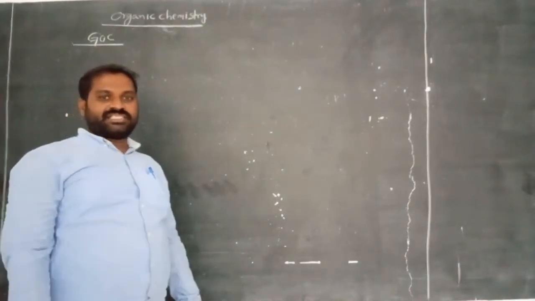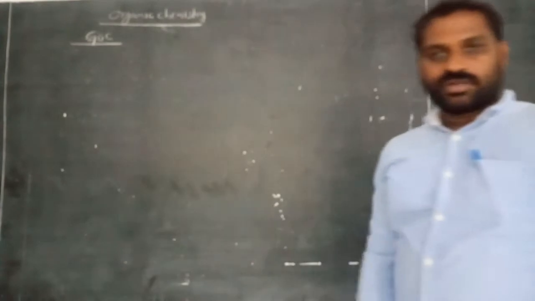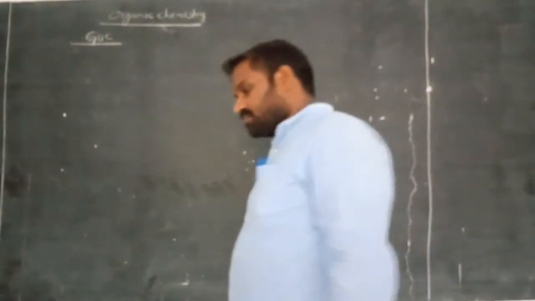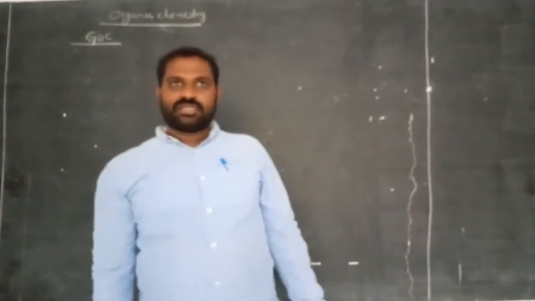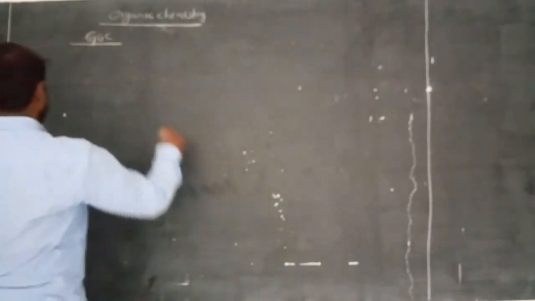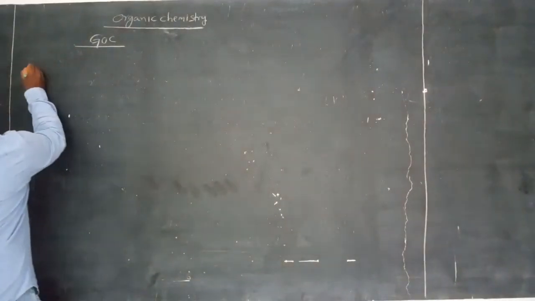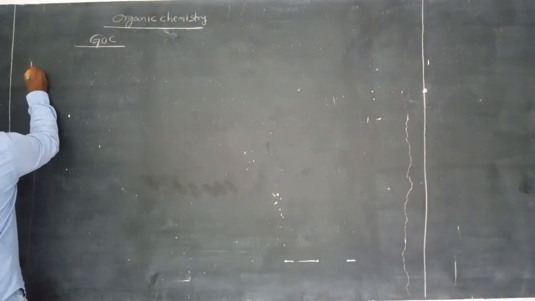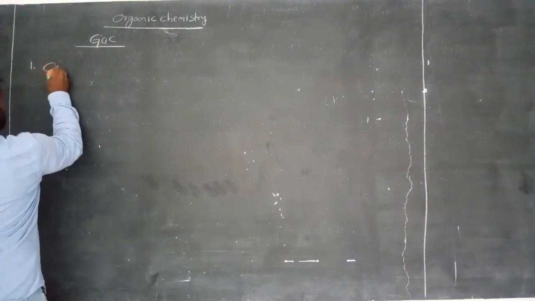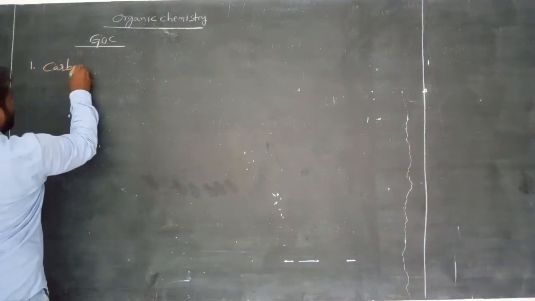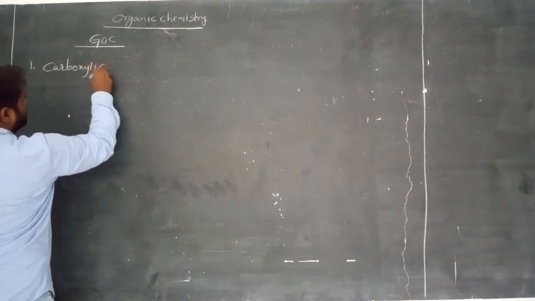Good morning, students. Let's see the continuity of IUPAC names of organic compounds. Already we discussed some of the important functional groups, and let's continue with carboxylic acid.